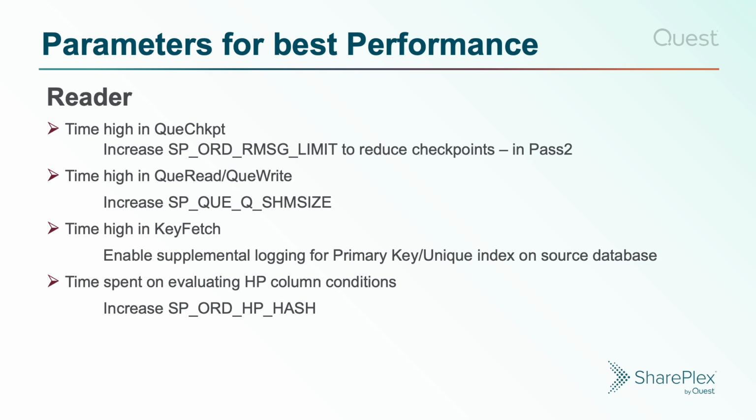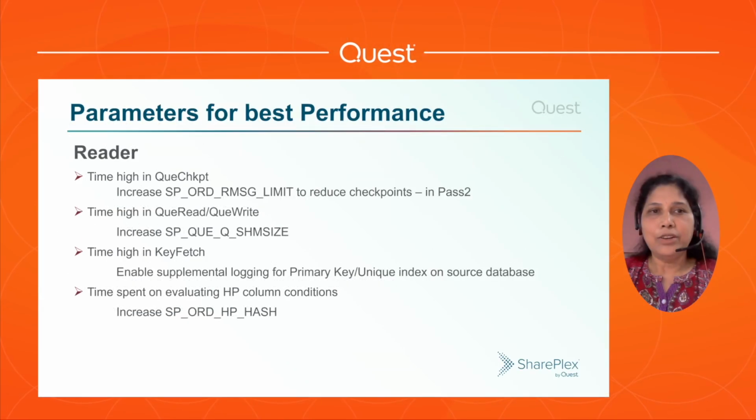Now, if time is high in queue read and queue write, so read is taking a long time to read the capture queue, or it's taking a longer time to write to the export queue, at that time you want to increase SPQ queue shem size. If you see that the time is high in key fetch, that means the reader is going to the database to fetch the keys.